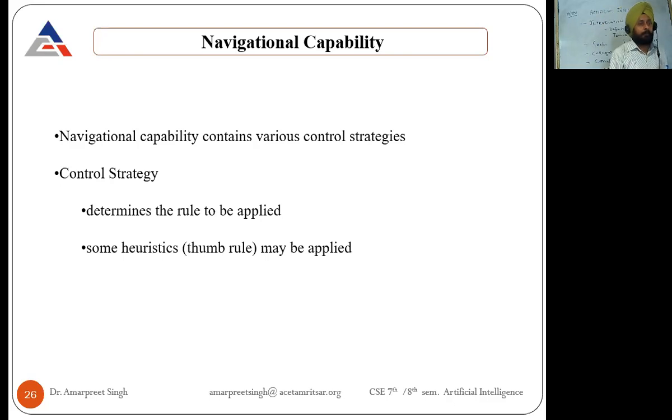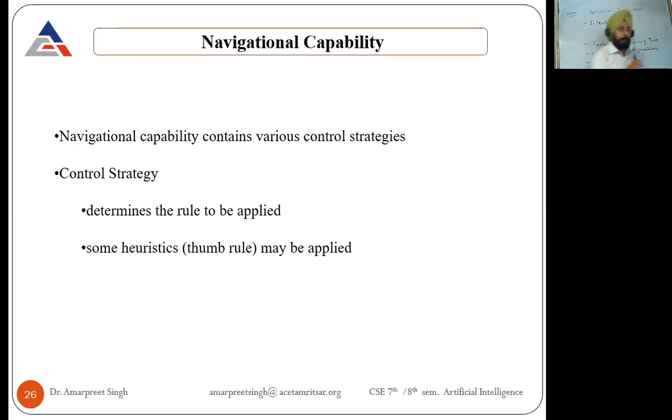There is also navigational capability there. Normally, the flow of the program, the navigation of the execution of the different statements, is sequential. The first statement is executed first, then second, then third, and fourth. This is the simplest way.